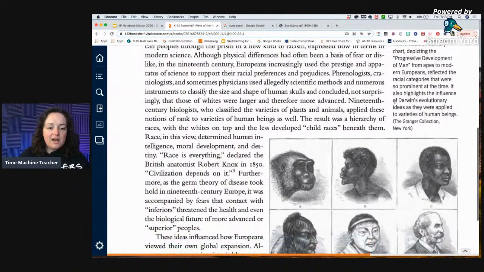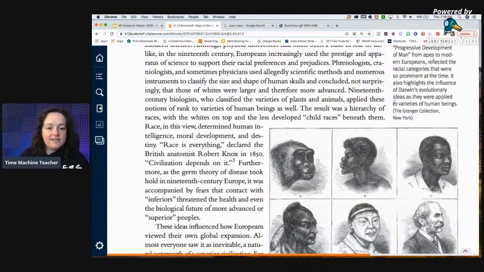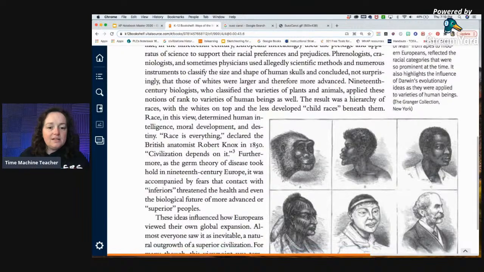The result was a hierarchy of races, with the whites on top and the less developed child races beneath them. Race, in this view, determined human intelligence, moral development, and destiny.